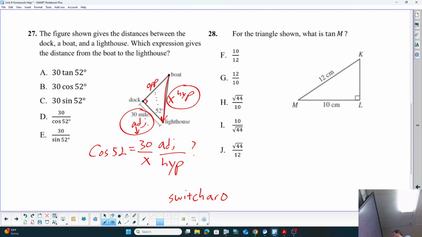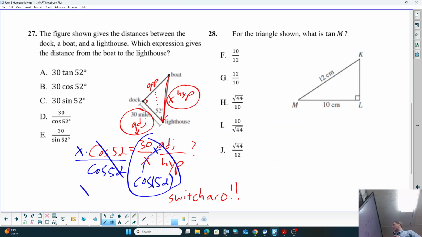So we multiply by x over to this side, and then divide by cosine 52 over to this side. And x equals 30 over cosine 52.